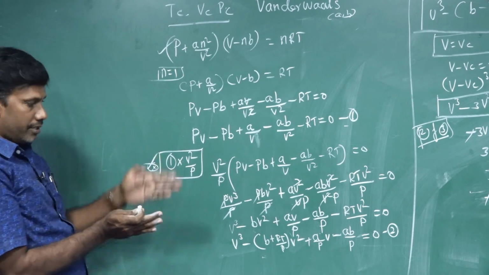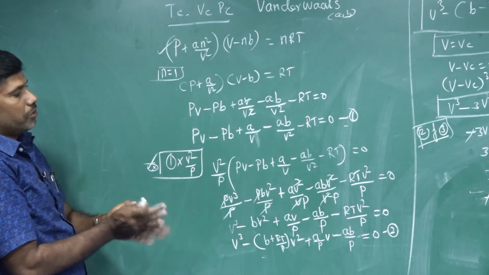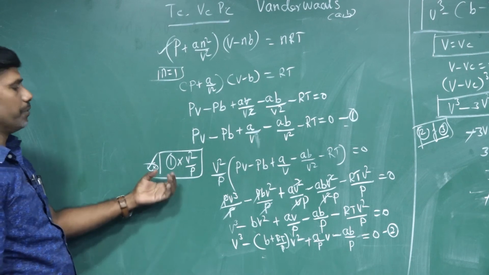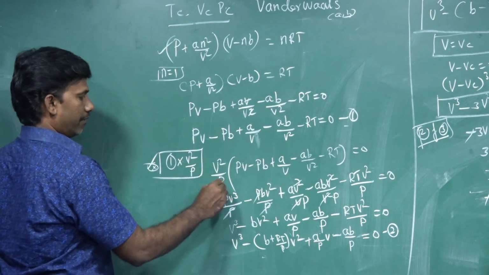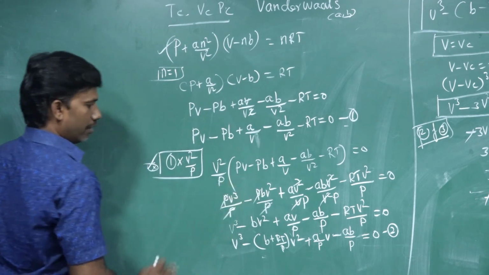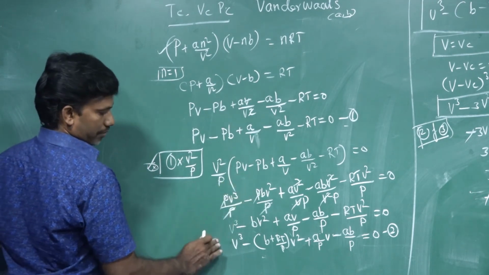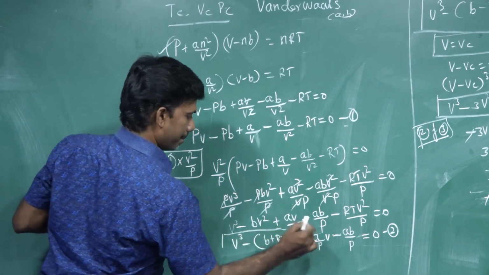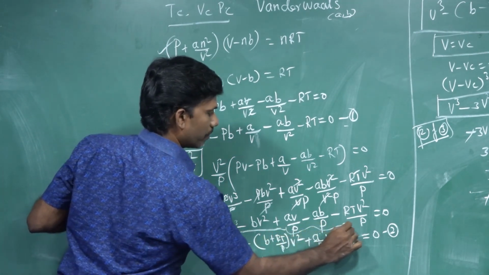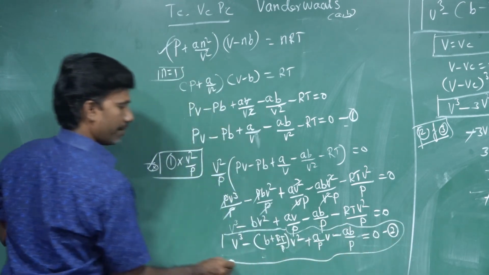For our convenience, in order to get a solution for VC, PC, TC, we need to add this factor. So V squared by P, we multiply with equation number 1. If you multiply and simplify this, you get equation number 2 like this.